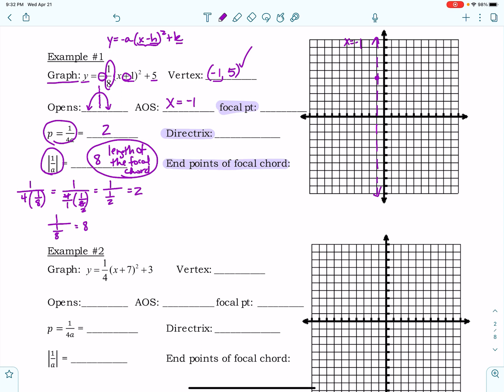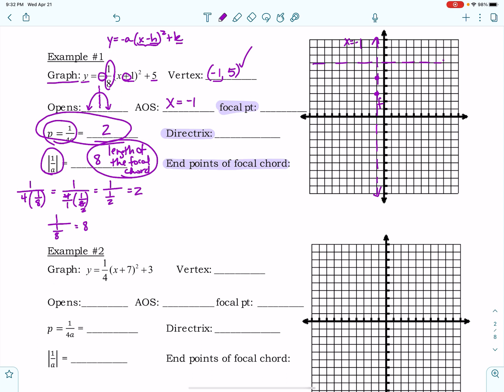The next thing I'm going to take care of is the P. Since this parabola opens down, I know the focus is going to be below this vertex. It's going to be 2 from the vertex. Okay, so that's the focus. And then the directrix is going to be 2 above the vertex.